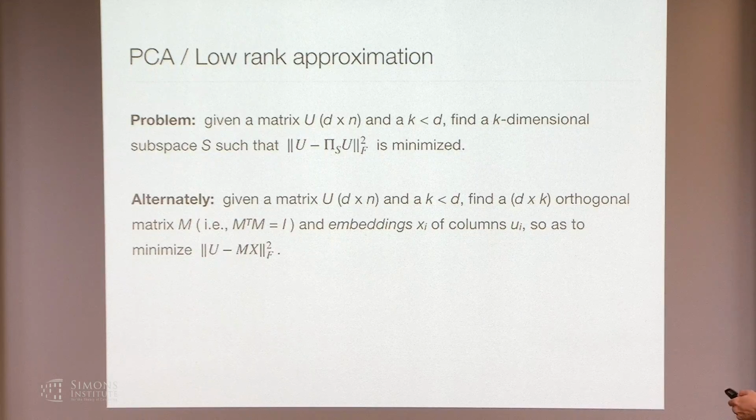What you want is that after the embedding, there should exist a recovery matrix, which I will call M, such that U minus MX is minimized. The recovery matrix will basically be a basis for the S that we found in the first definition. So these two are the same. It's just that this definition turns out to be more useful when I'm defining the online version.